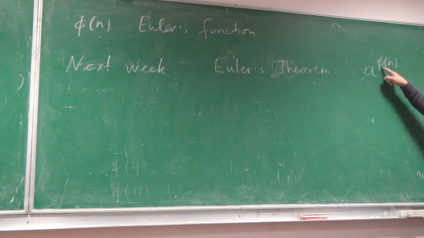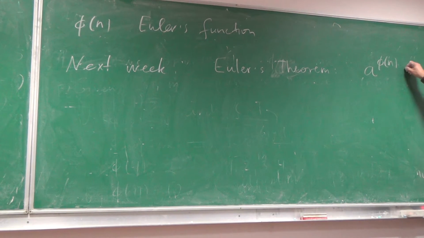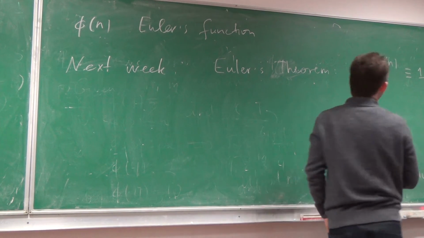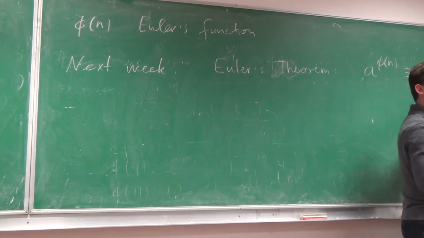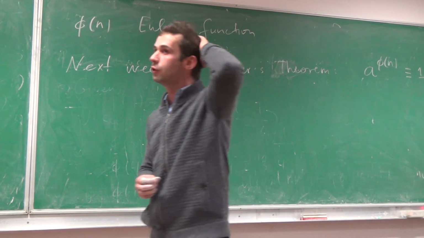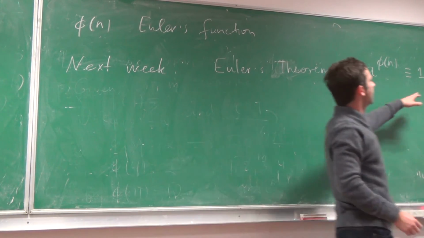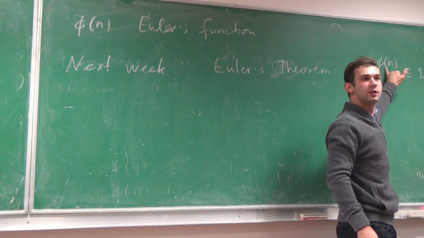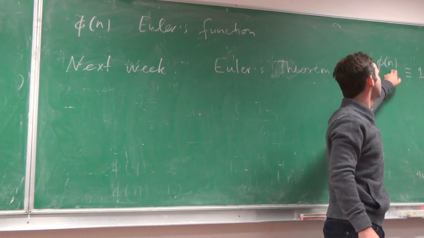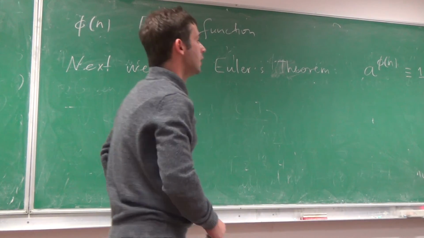It will be taking this power of a mod n, if gcd(a, n) = 1. So kind of what we should be thinking of is that we have Fermat's little theorem which tells us how to take powers mod p. And if we want to generalize it to arbitrary modulus, like p squared or p times q, this will be the right power to consider. So we do this next week, so the phi function we need to carry with us for next week.